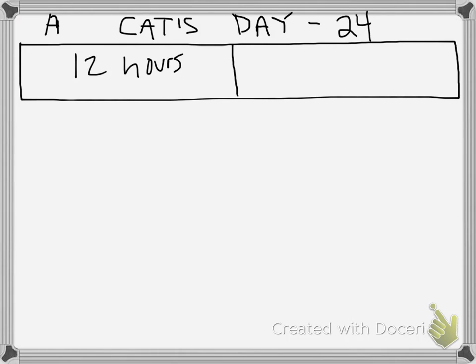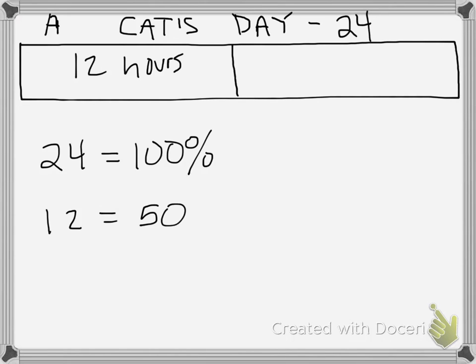Well, if 24 is the whole day, then the 24 is going to be equal to 100% of the day. 12 is half of the day. So then 12 would be equal to 50% of the day. 12 is half of 24. So if we know 24 is the whole thing, then the 12 has to be 50%.